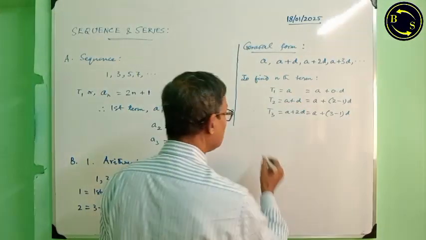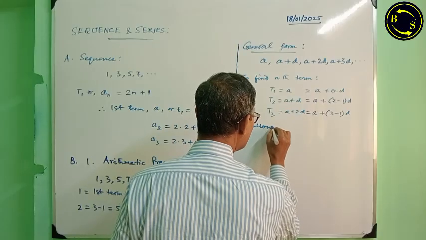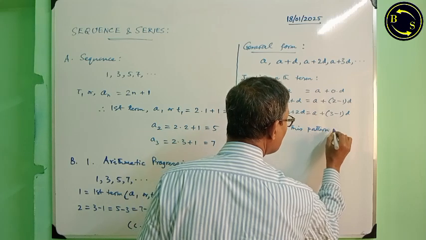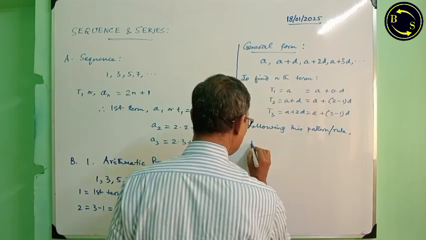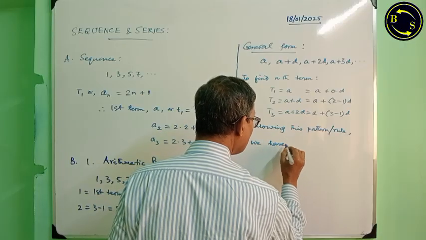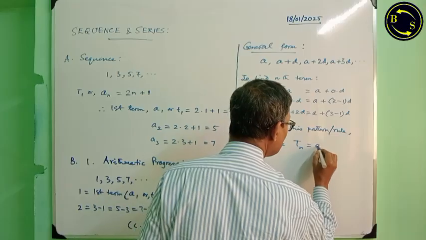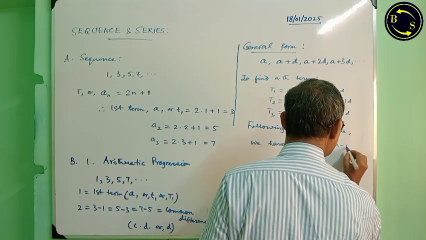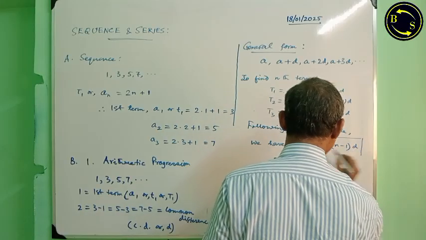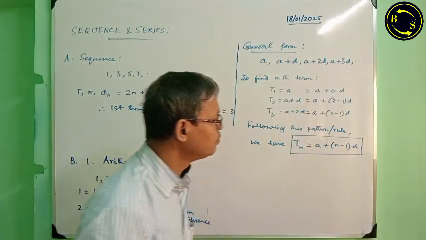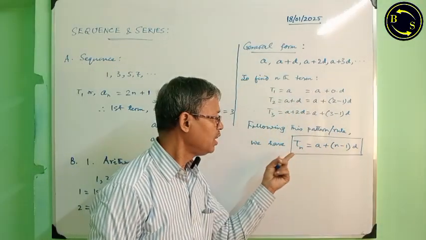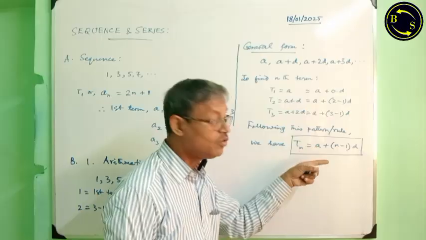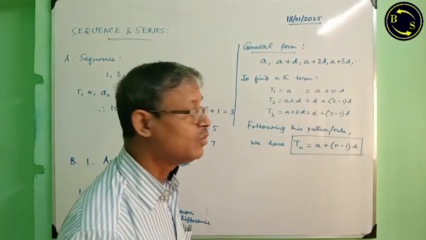Following this pattern or rule, we have Tn is equal to a plus, n is the term number, 1 less than that, thus the nth term is equal to a plus, remember, 1 less than the term number into d, that is a plus n minus 1 into d.